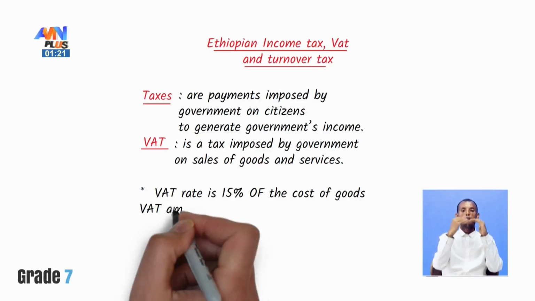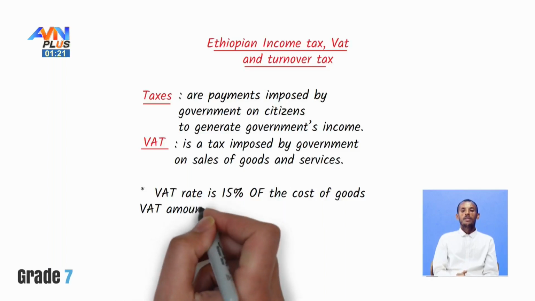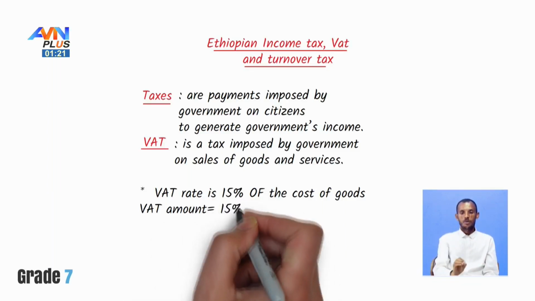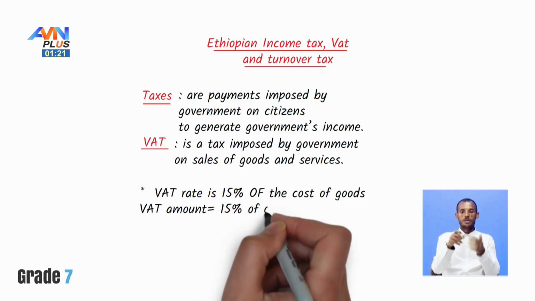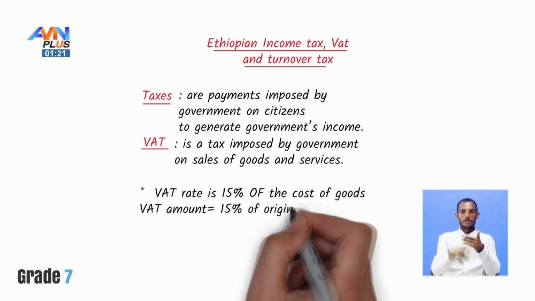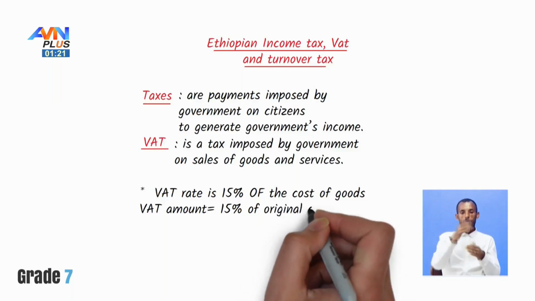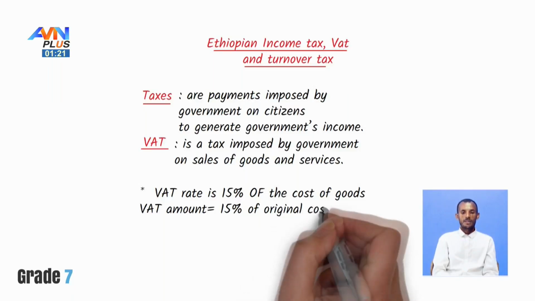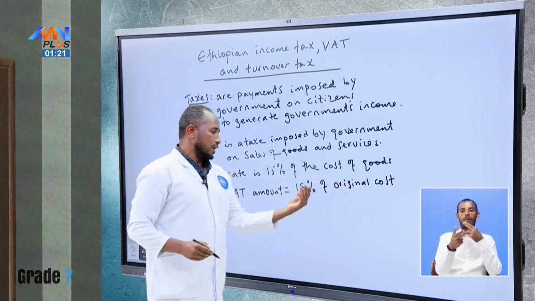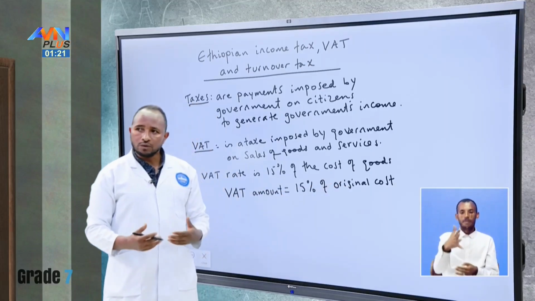The amount of VAT is 15% of the original cost, or the cost of the material. So simply, you multiply the cost by 15% and then you can calculate the amount of VAT.